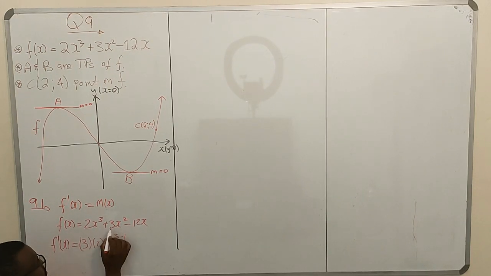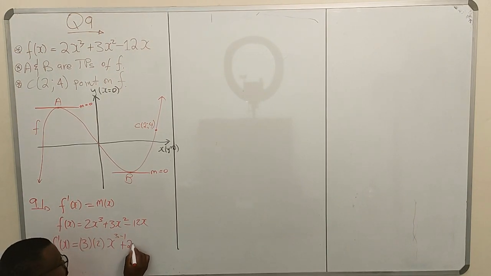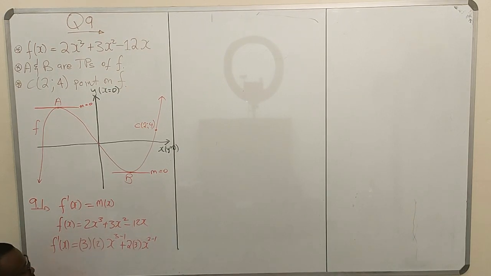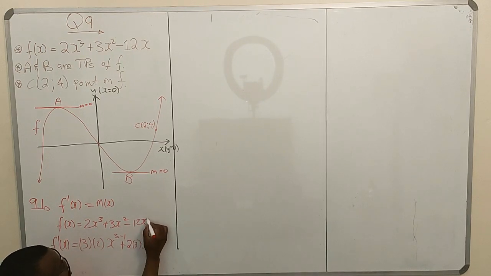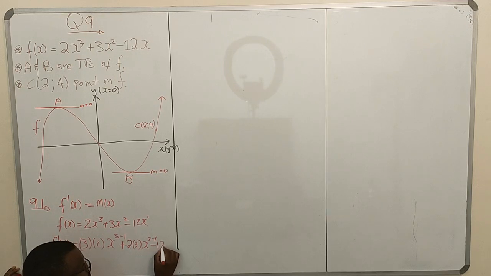Plus, what else? 2 times 3, so you have 2 and 3. This 2 is the one multiplying the 3, the coefficient of x squared. Then you have x raised to 2 minus 1. Minus, so you have 1 times minus 12. This is minus 12, x raised to 1 minus 1.